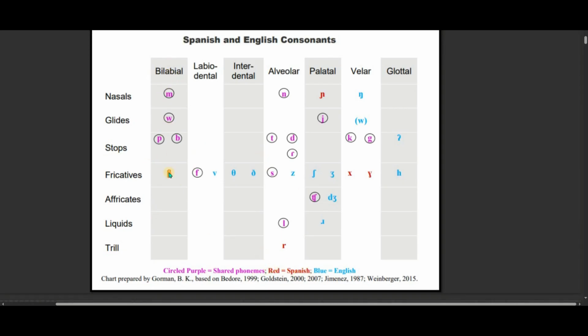The ones in red are only for Spanish, and the ones in blue are only found in English.